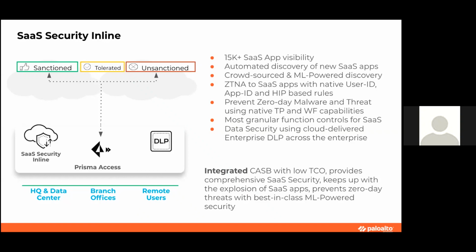Our crowdsourced Cloud App-ID technology leverages the power of our global community to provide automated and continuous discovery and categorization of new and emerging SaaS applications. When combined with ML-powered threat prevention and integrated DLP, you get the best security outcome.